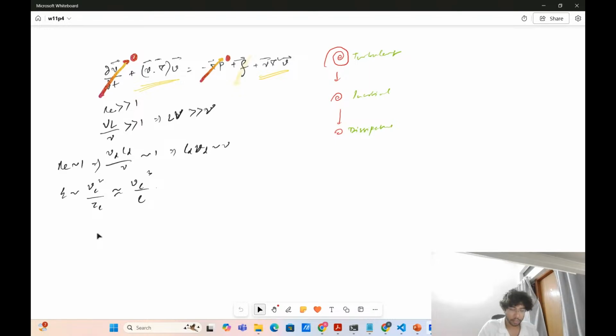So, if we consider that the energy dissipation rate is constant throughout as the system goes from the turbulent to the dissipative regime, so in that case, VL cubed by L is proportional to VD cubed by LD. Okay.